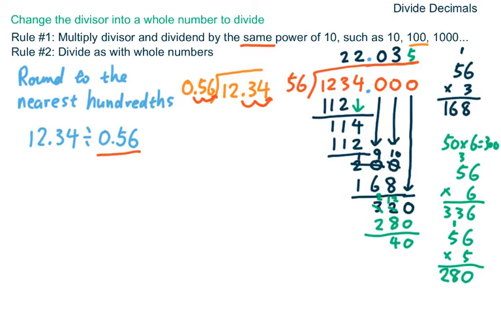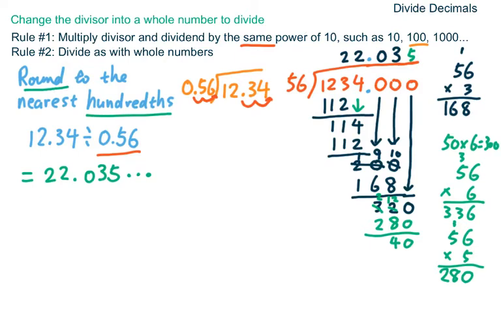We don't have to continue because the direction says we need to round to the nearest hundredths. If you want to show your answer without rounding but not showing too many decimal values, you can just write equals 22.035... But we need to follow the direction by rounding.